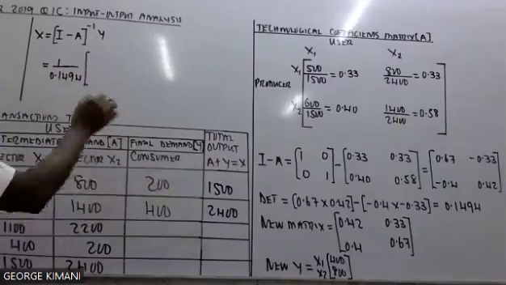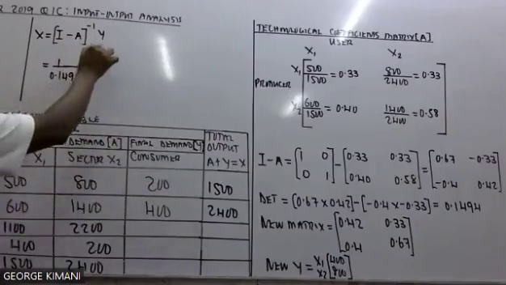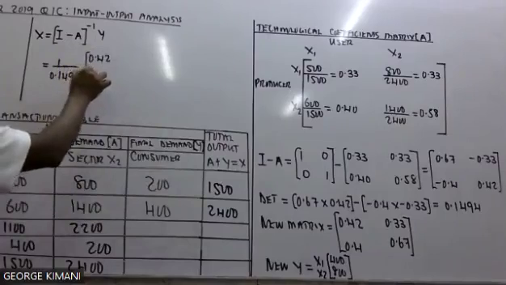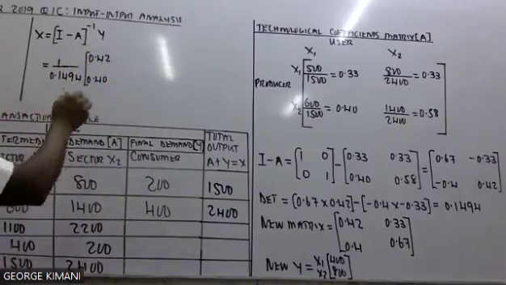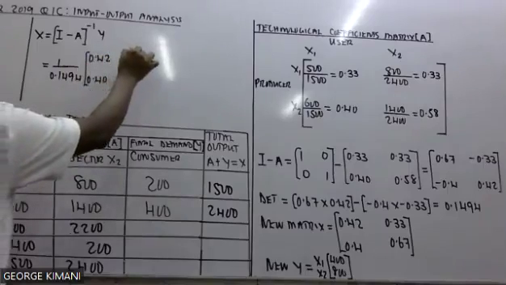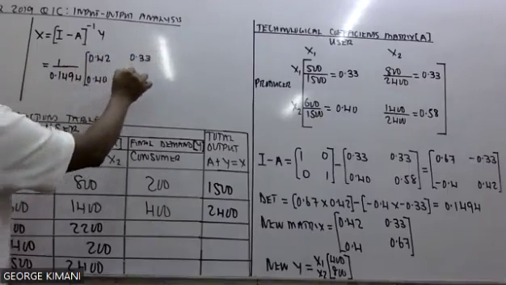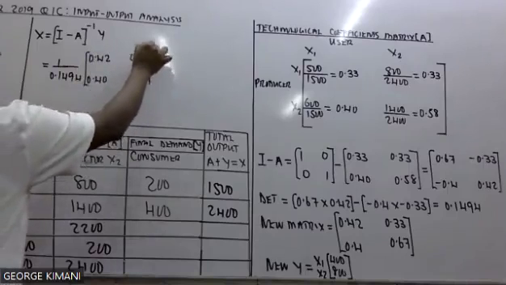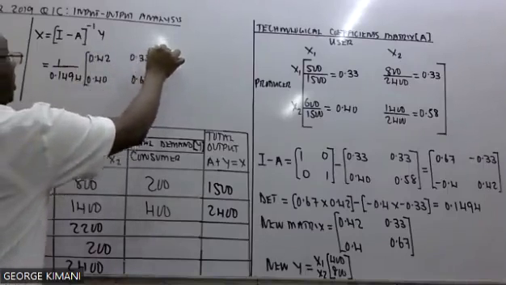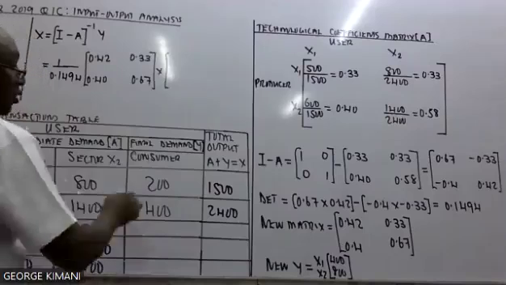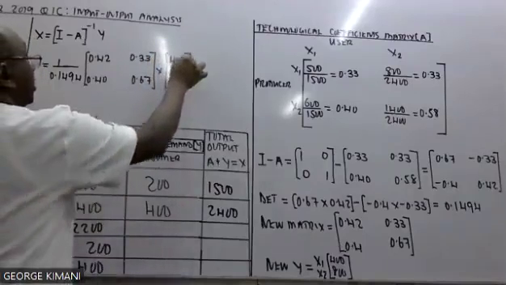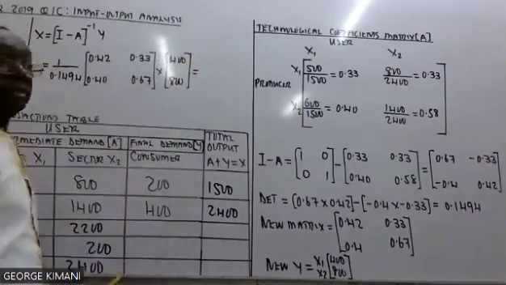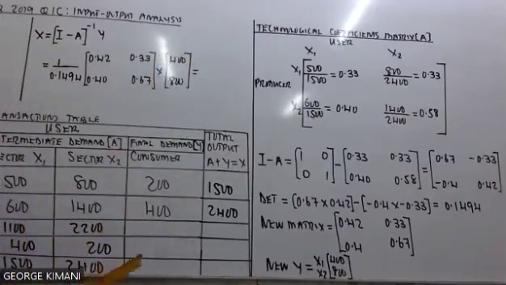You multiply by the new matrix, which is 0.42, 0.40, 0.40, and 0.33, 0.67. Now you multiply this by the new matrix, 400 and 800. You remember how to multiply matrices? Good. So multiply and give me the answers.